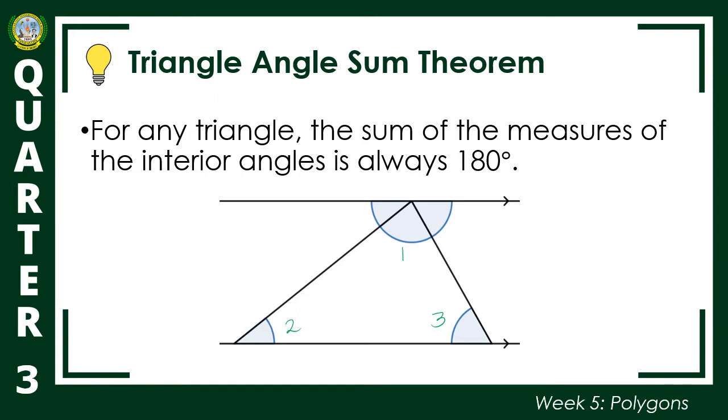Okay? So, ang una natin gagawin is magdodrawing po tayo ng parallel line dun po sa ating third side ng triangle natin. So, as you can see, yung side na opposite po ni angle 1, okay, nag-draw po tayo ng line parallel to that side which passes through the vertex of angle 1.